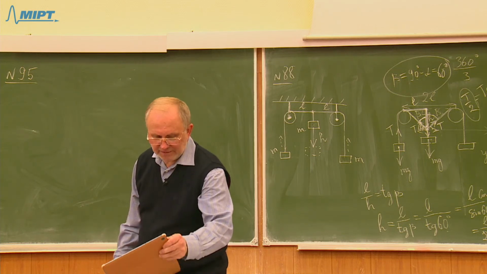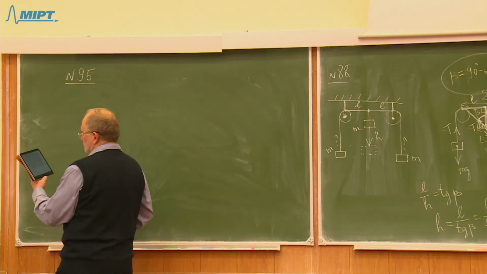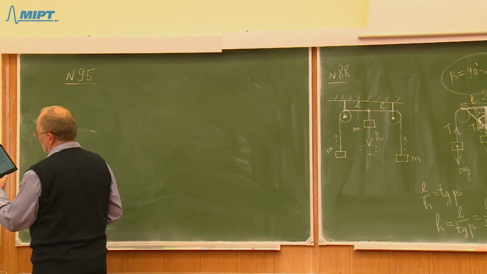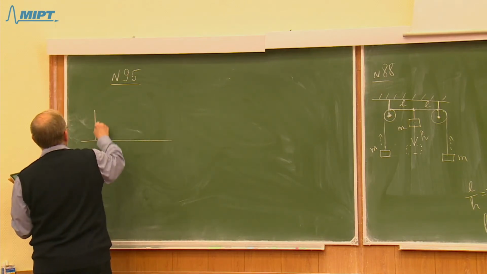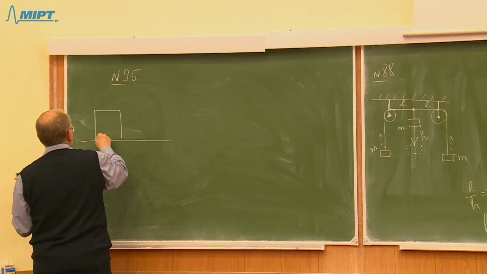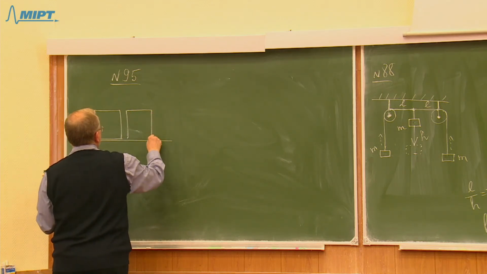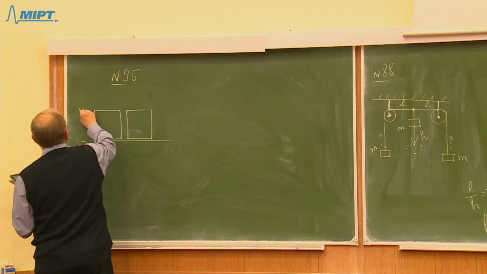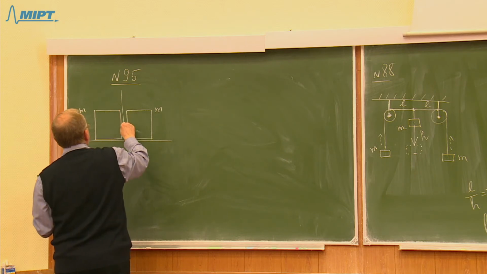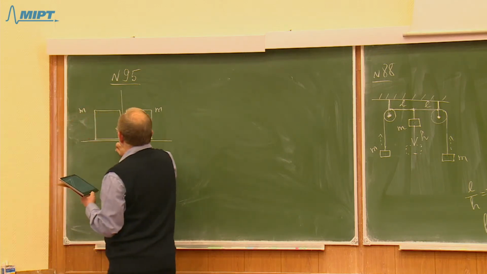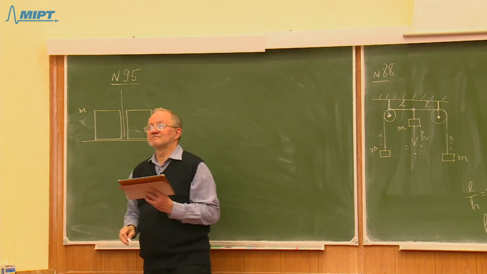Another problem is number 95, which reads: a rod not reaching the floor is inserted between two identical boxes. So we have two identical boxes, each of mass m, and there is a rod inserted between them, and it does not touch the floor.